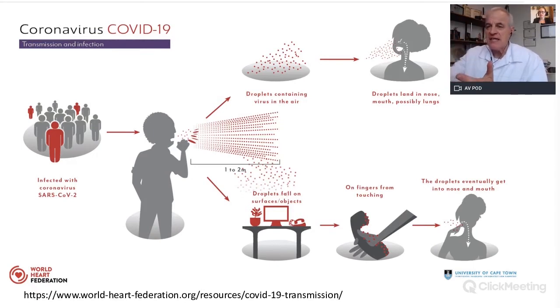You can go directly and infect somebody directly by coughing on somebody, for example, on the top of the panel. And on the bottom of the panel, of course, you can actually spread the virus on the environment.